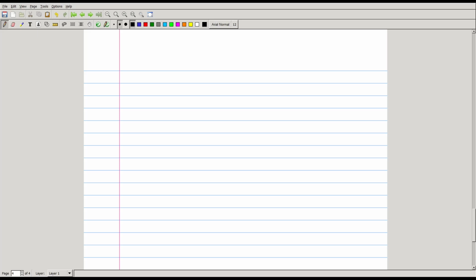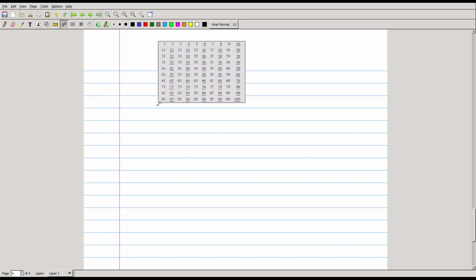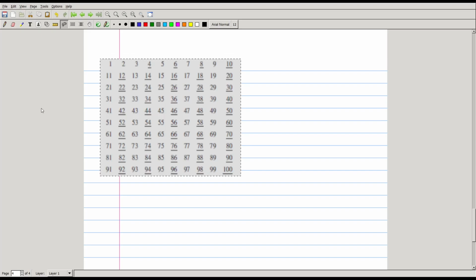But the idea is that you make this grid and then you underline all the values that are divisible by subsequent primes. This is really just the first step of the sieve.